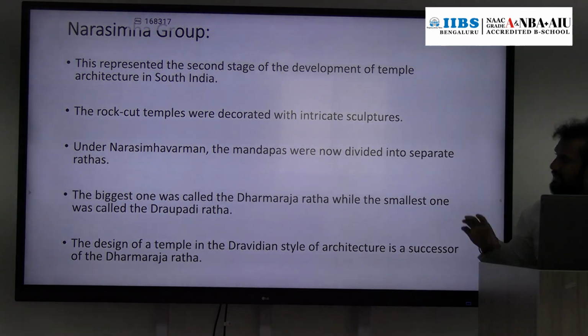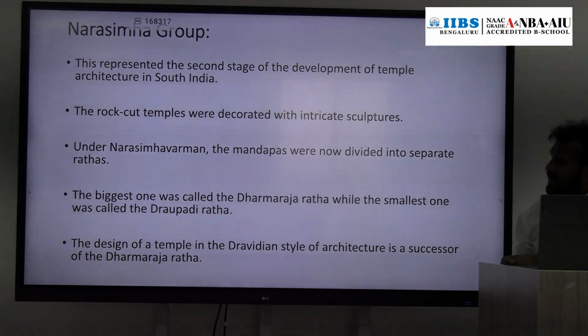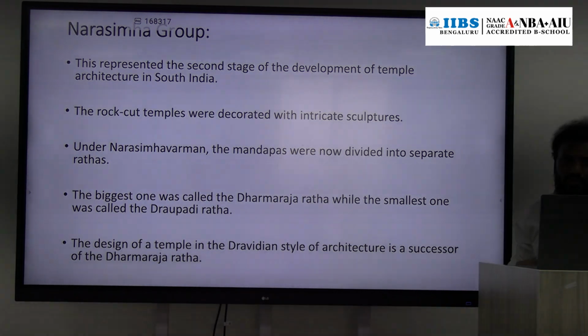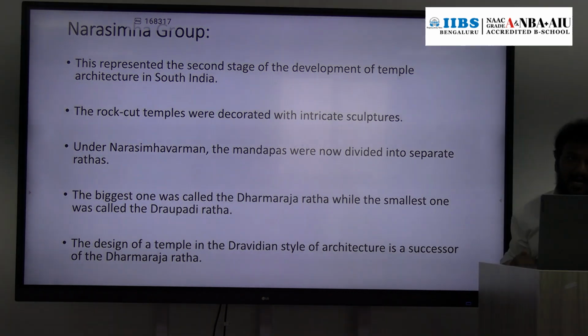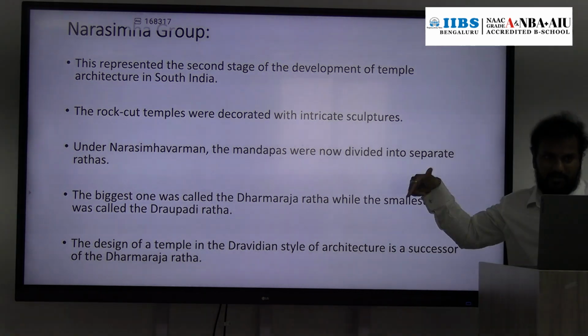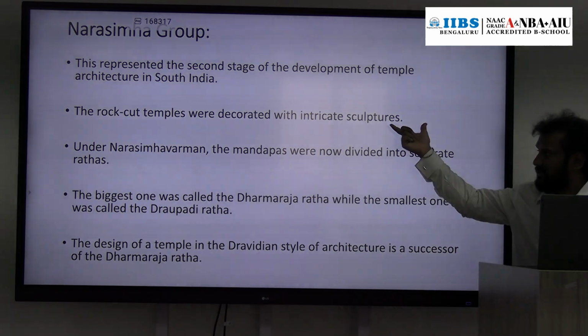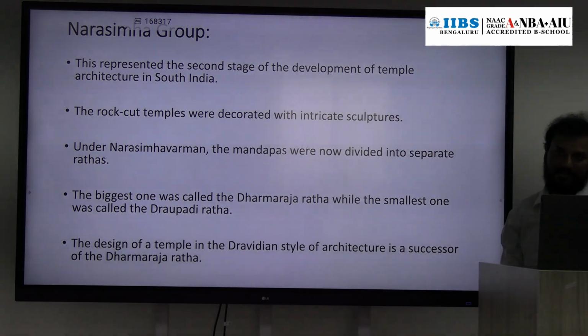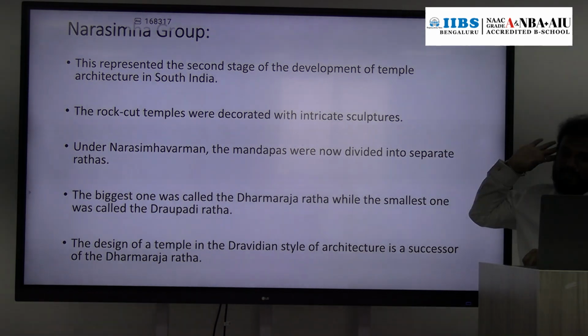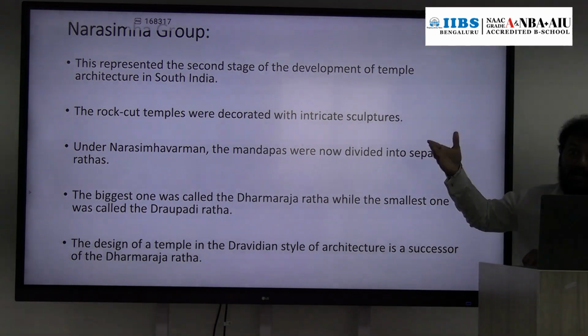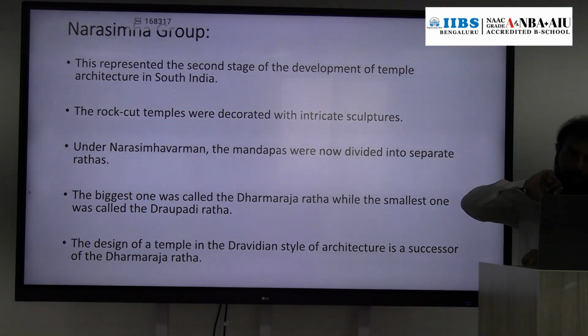But certain developments were there. What is the development? Those rock cut temples were there, right? Now they are decorated. Earlier no decorations were there, but now, in the second stage, decorations are there with sculptures. That was introduced under Narasimhavarman. Earlier mandapa meant temple.